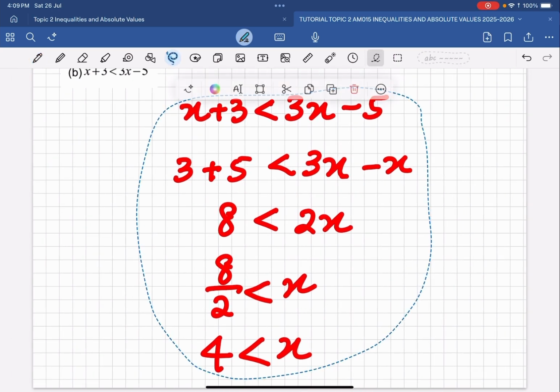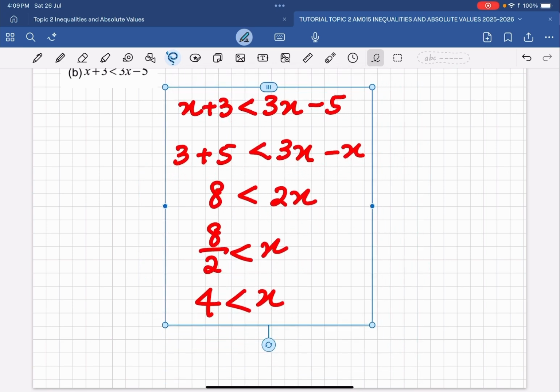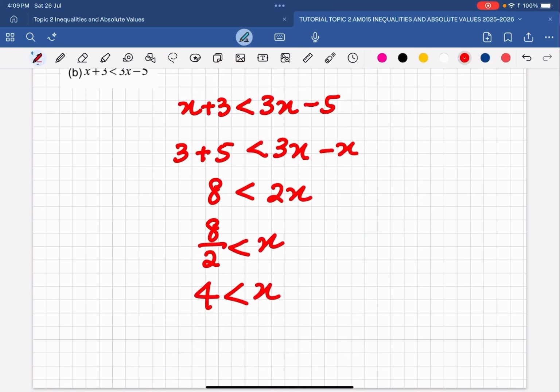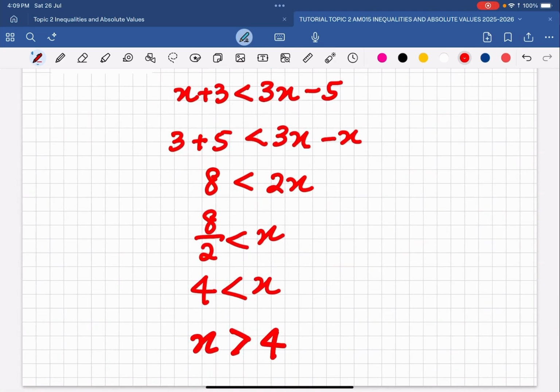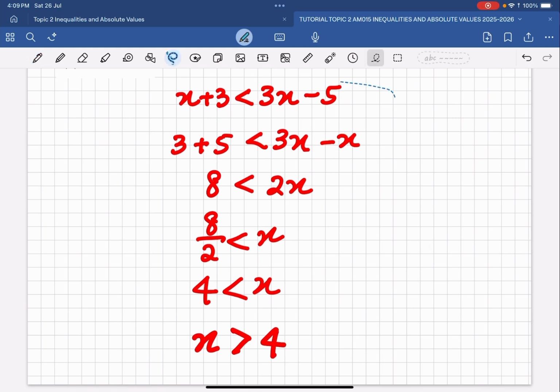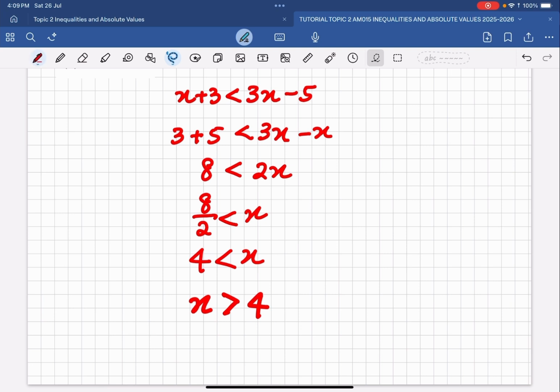Okay, so x must be on the left, so we're going to swap. So x on the left, 4 on the right. Once we swap left and right hand side, we must reverse the sign, so we're going to get x is greater than 4. So write down in solution set. Okay, so just copy down the answer. Okay, x is such that x is greater than 4.